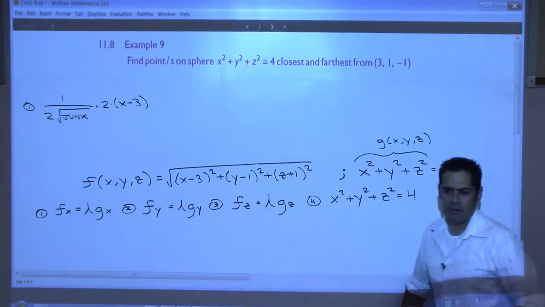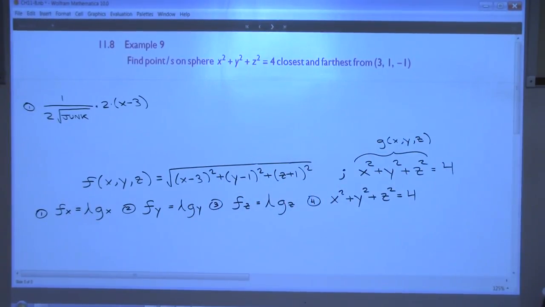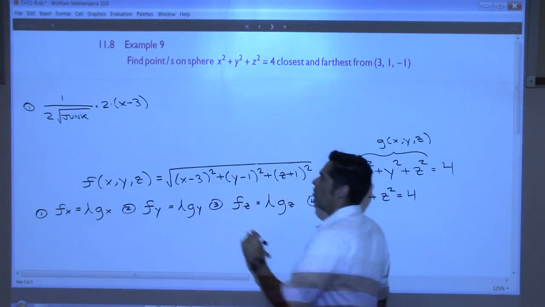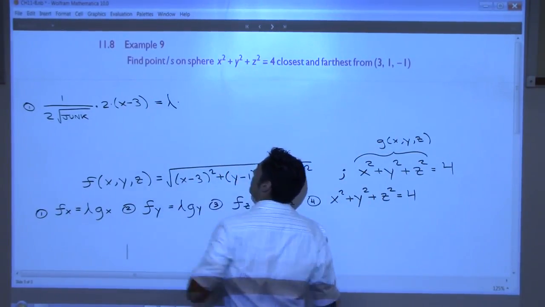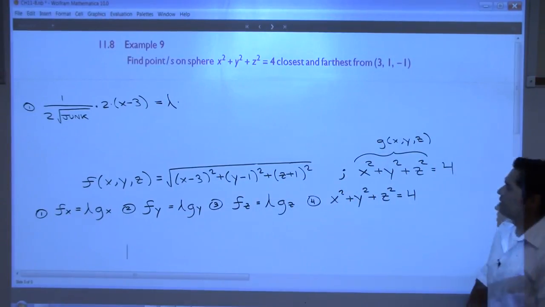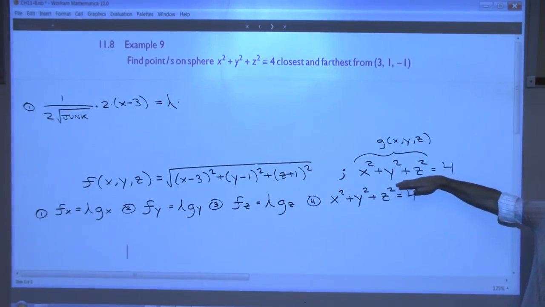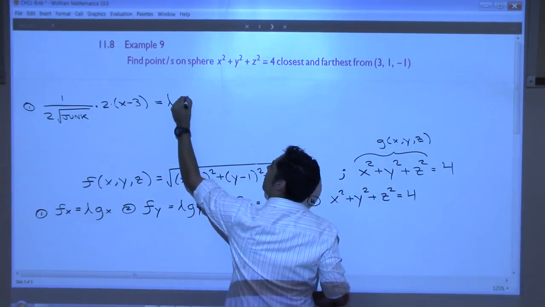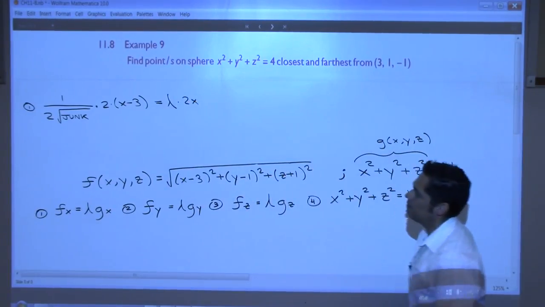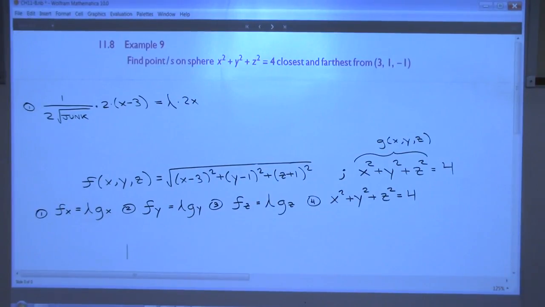So that's it. That's a derivative of f with respect to x. That must equal lambda times the derivative of g with respect to x. Now here's g. What's the derivative of g with respect to x? 2x. All right, that wasn't so bad, I guess.